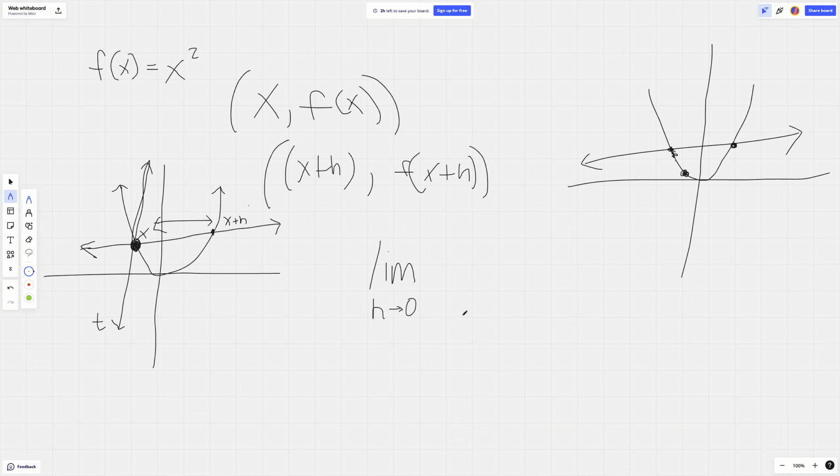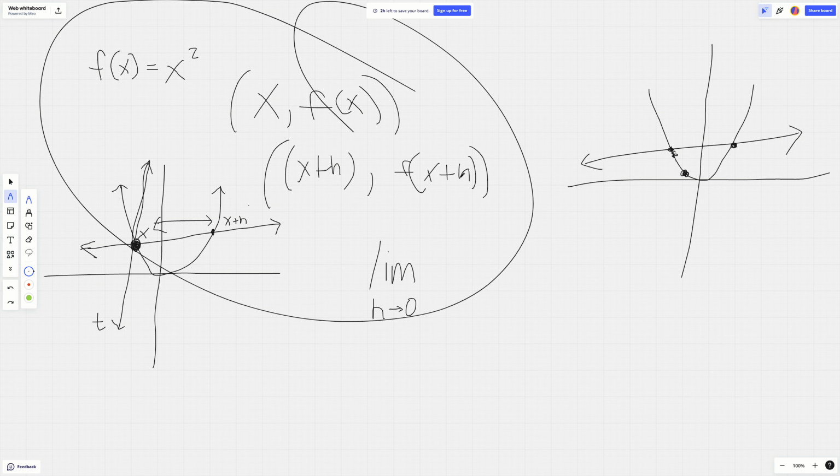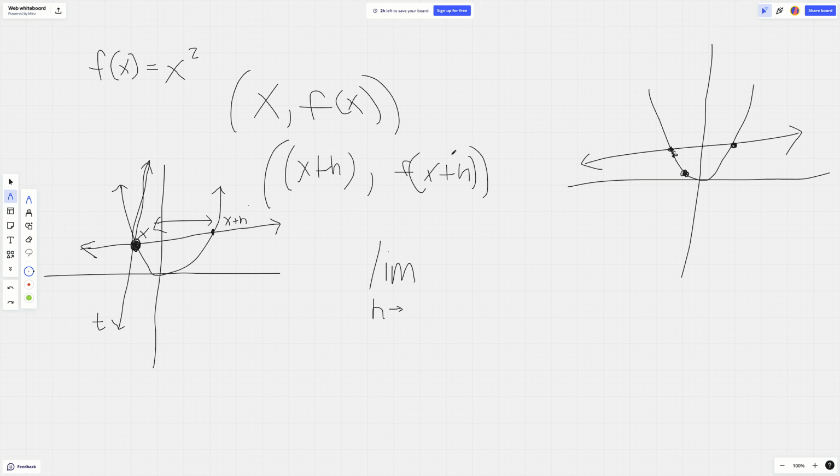Well, think about it. We're still calculating the slope of our secant line, but we're just saying that the distance between our 2 coordinates, our h value, is getting closer and closer to 0. So we're still applying this same formula using these 2 coordinates. So we can actually reuse that slope formula to get this.